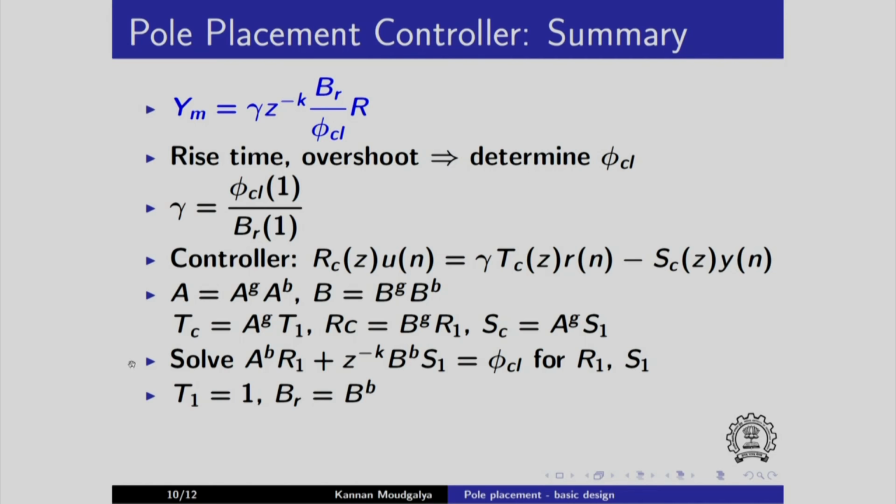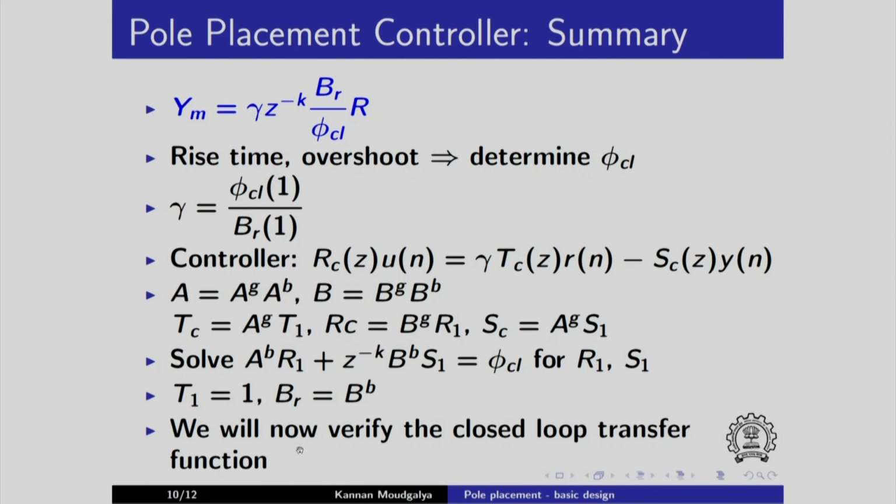We solved Arya-Bhatta's identity. We chose T1 equals 1. The moment we chose T1 equals 1, BR equals B. It is easy to see this. In fact, if you do not remember, you have to go back and check this. We will now verify whether this solution indeed gives the closed loop transfer function as we desired here. We will do this in the next slide.